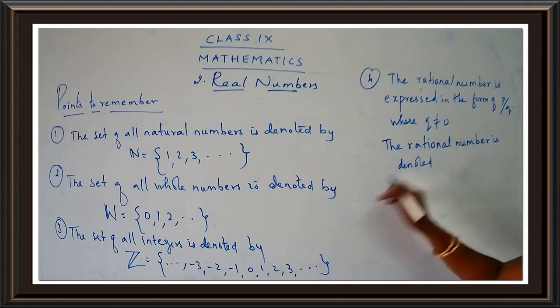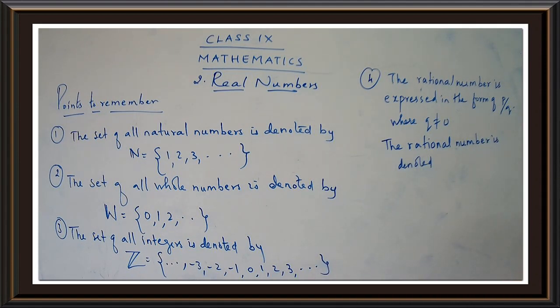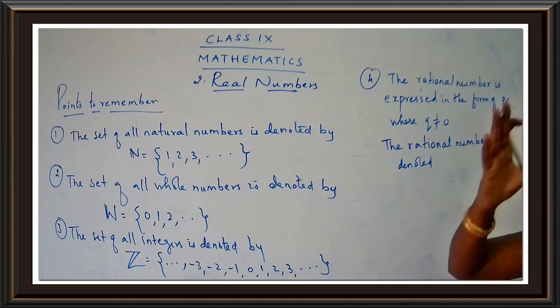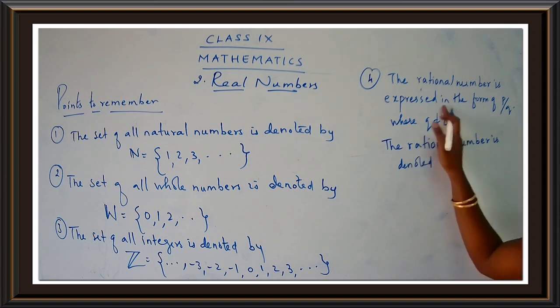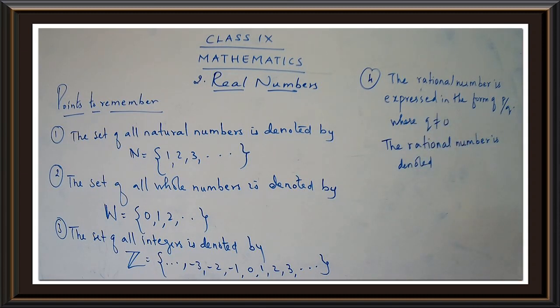The rational number is denoted by, okay, we don't have any particular set over here because we have a lot of things over here. So you just have to remember one condition for a rational number, that it is expressed in the form P upon Q and Q is not equal to 0. That is, we have a numerator upon denominator.